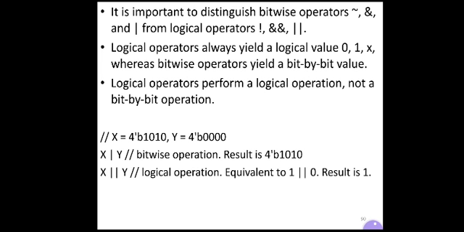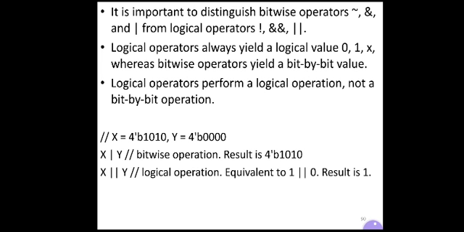X equal to 4-bit binary number 1010 and y is equal to 0000. Now if you use a bitwise operation on x and y, observe here the bit by bit result is available. Result is 1010, that is OR operation.